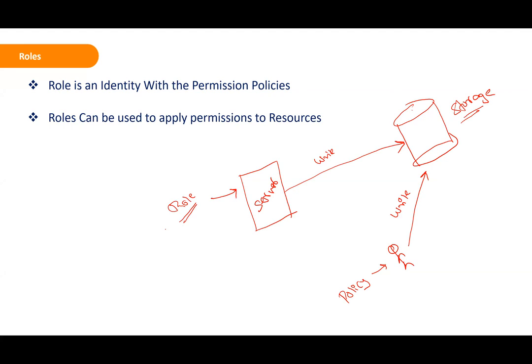Whatever the required permissions can be applied to the user using the concept called policy, and the same permissions can be applied to your services using the concept called roles. If you take the example, here you need one server and one storage. Without having a minimum of 2 services, you cannot check how the roles will work.